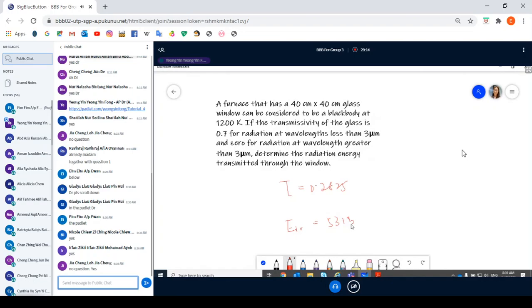The drawing will be like this. Then you have your lambda value. Here will be tau. So this is the drawing. Then you get these two values.